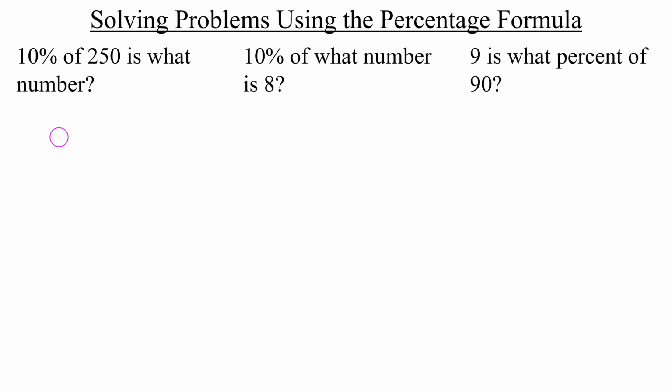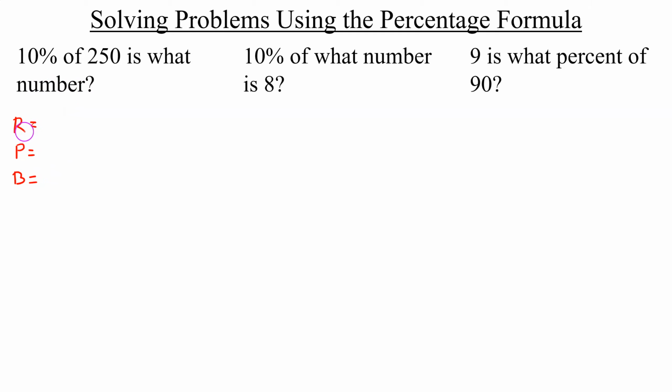So when you're dealing with problems involving the percentage formula, what I would recommend doing is writing down R for rate, P for portion, and then B for base. And what you want to do is fill in these numbers. You're going to be asked to solve for one of these numbers, so in the problem you should be given the other two.